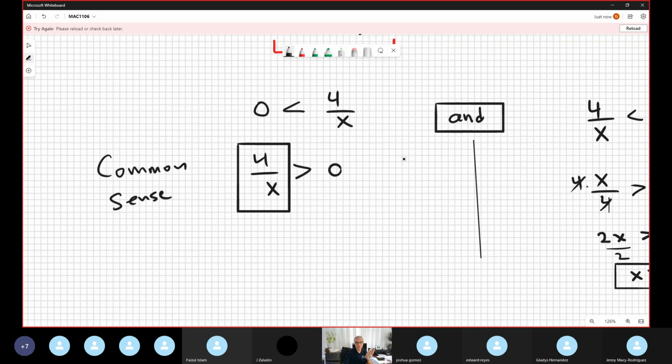Because it's greater than 0. Yes or no? Therefore, I know using my eyes that 4 is positive. Therefore, this is equivalent to saying that x is also positive. Make sense? Do you see or no? Confusing? Come on, honestly, ask me.